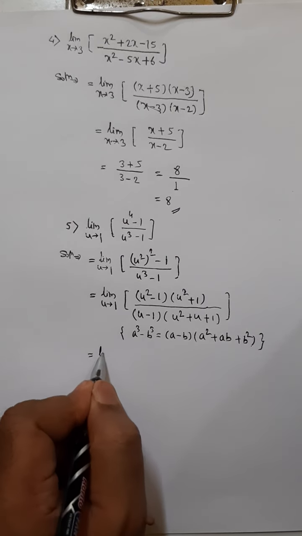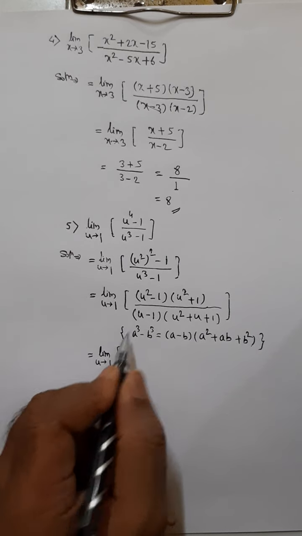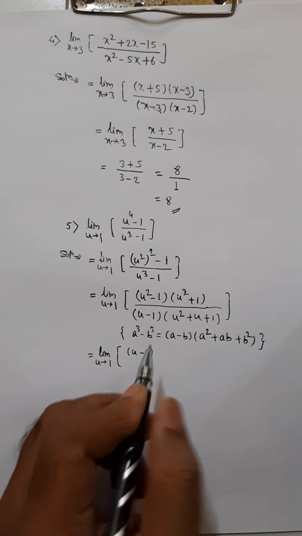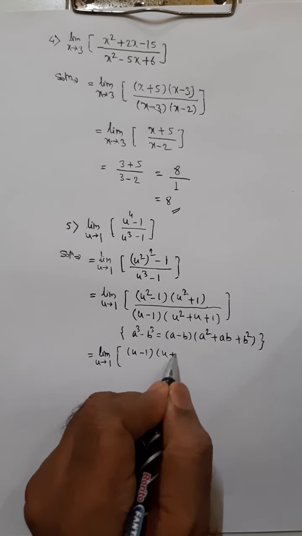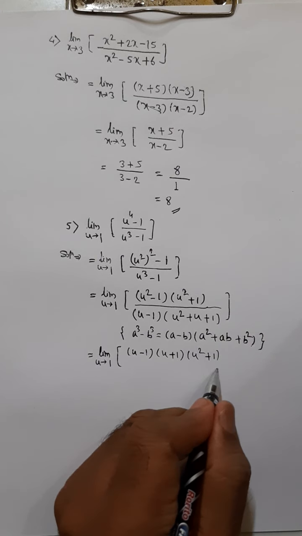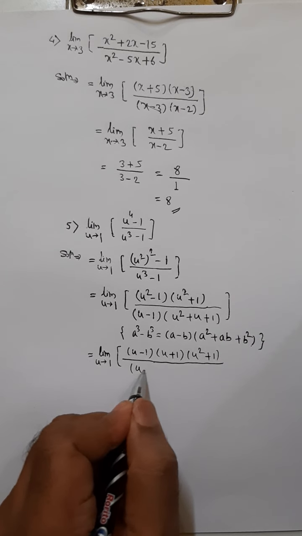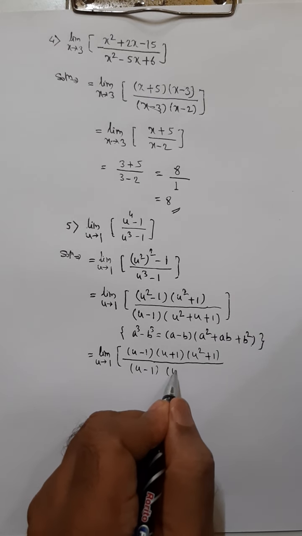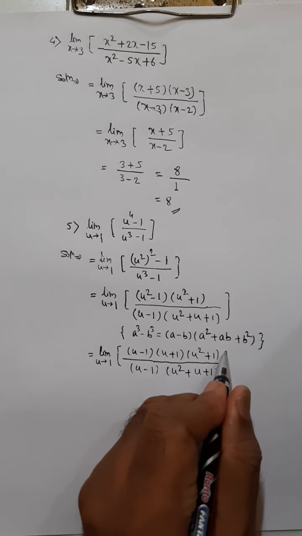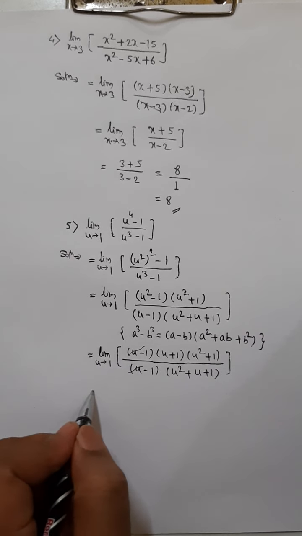So it is equal to limit as u tends to 1. Again apply formula a² − b². We can write (u − 1)(u + 1)(u² + 1) as it is, divided by (u − 1), second bracket (u² + u + 1), and we get here common factor u − 1, that is cancel.